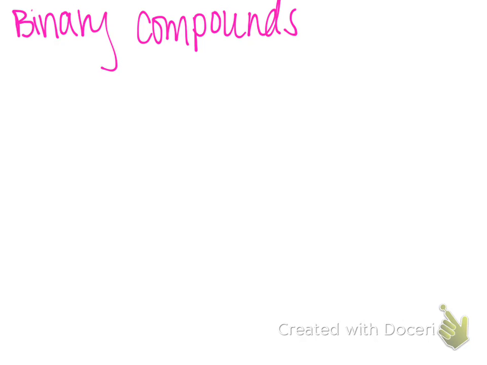Okay, binary compounds. How many things do you think binary compounds are made up of? Two things. Very good. Okay, binary compounds are composed of only two elements.